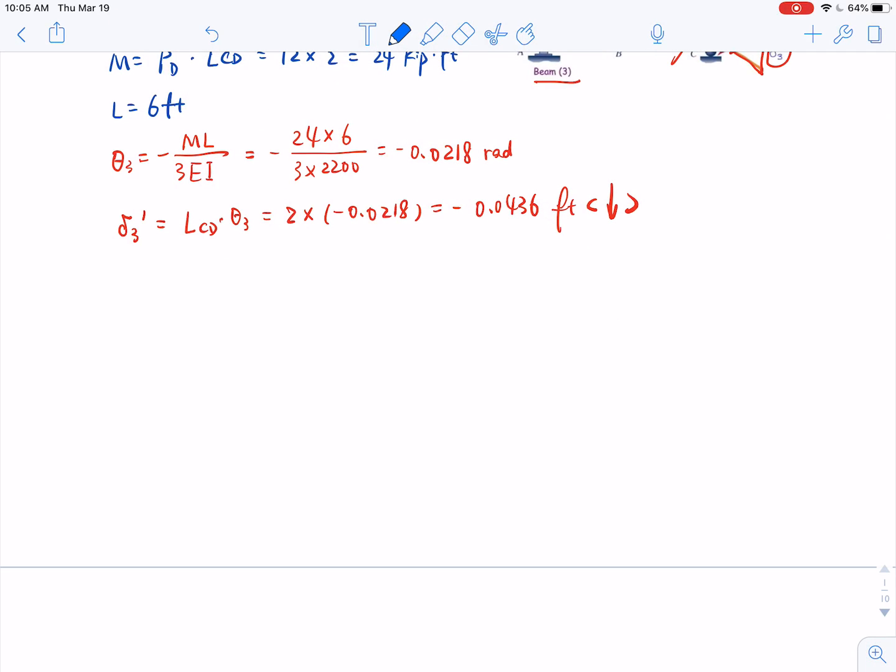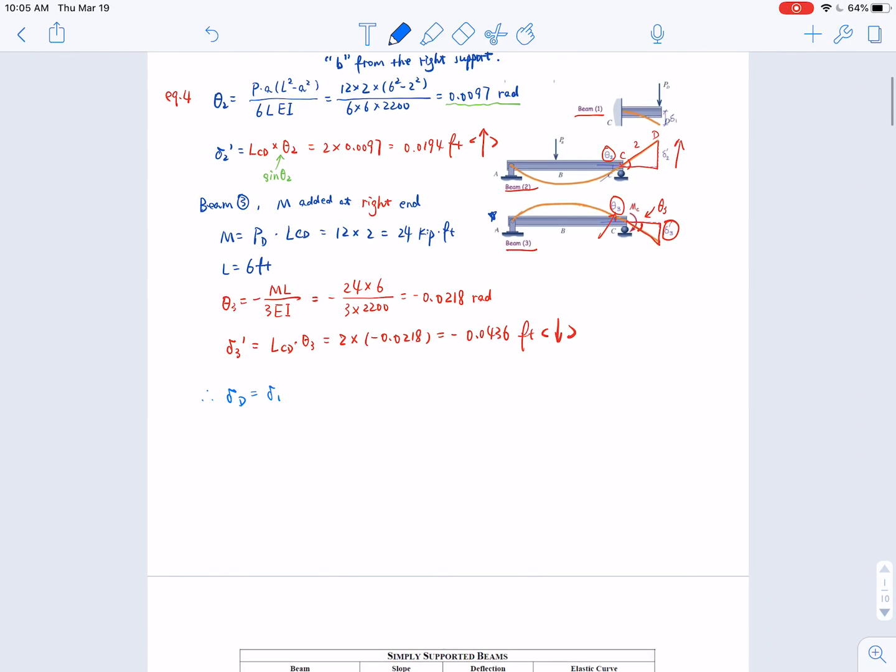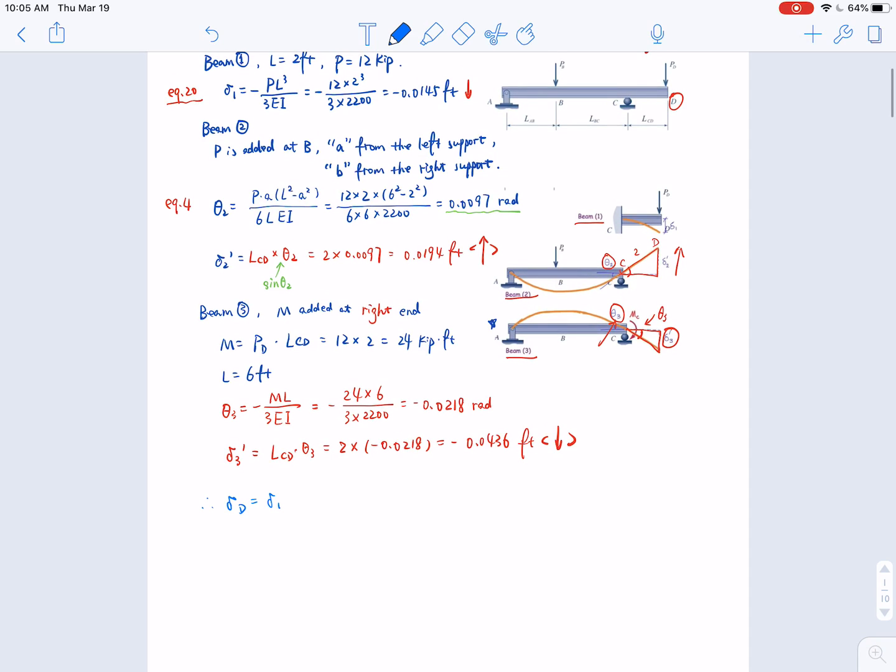So at the end, we just summarize everything. The overall deflection at the point D will be delta 1, which we calculated here, plus delta 2 prime, which is here, plus delta 3 prime, which is here. Okay. So here the first component is a negative 0.0145.